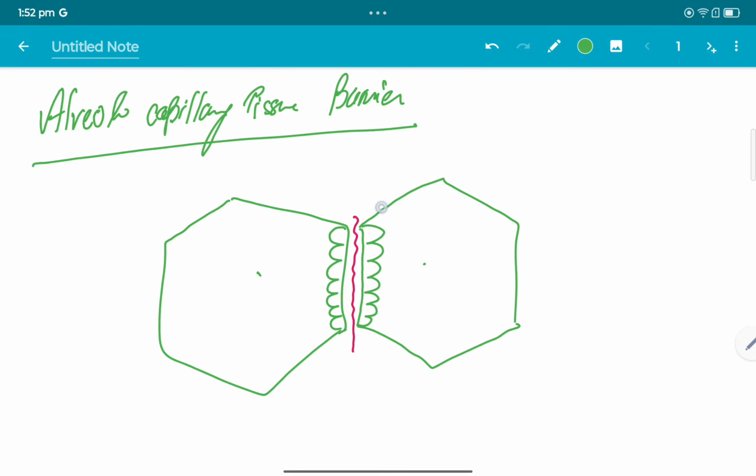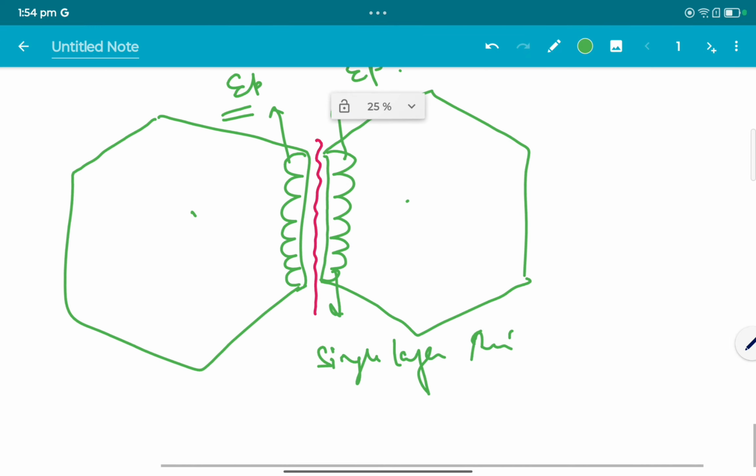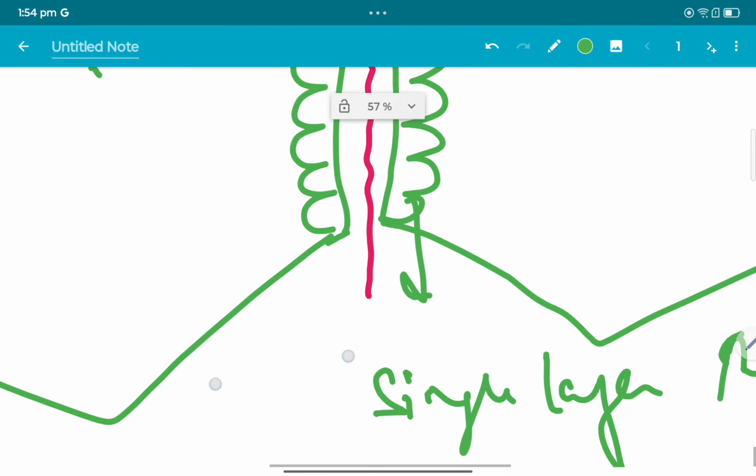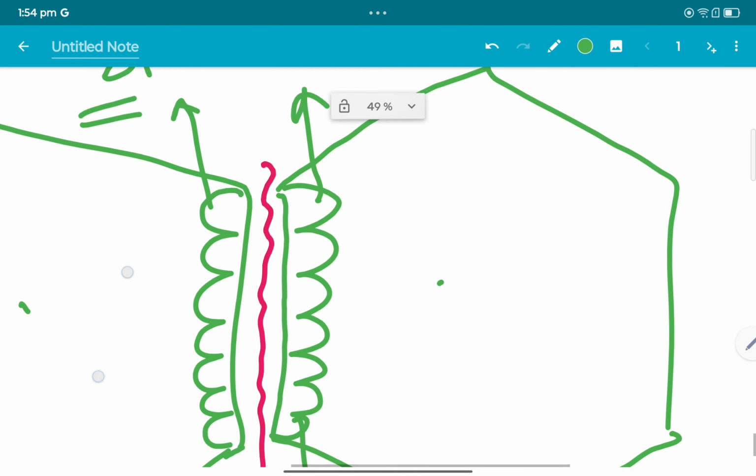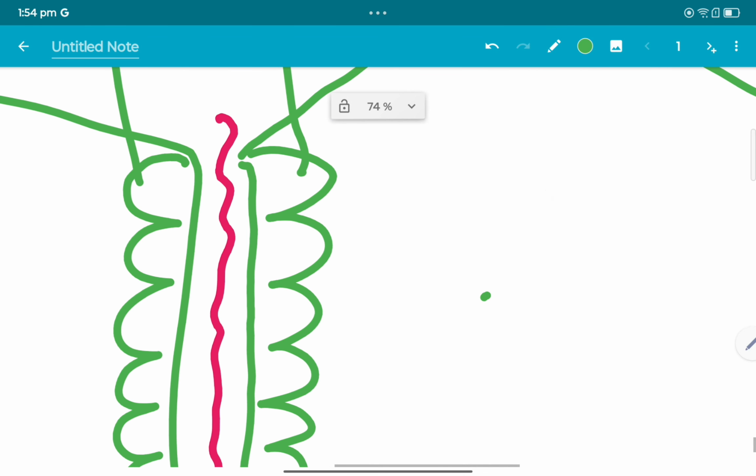This is the epithelial cells of alveoli 1, this is the epithelial cell of alveoli 2, and these are a single thin layer. If you magnify it, we have this capillary, which is also a single-layered endothelium.